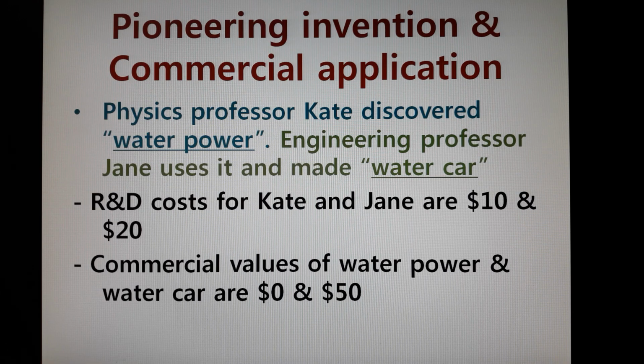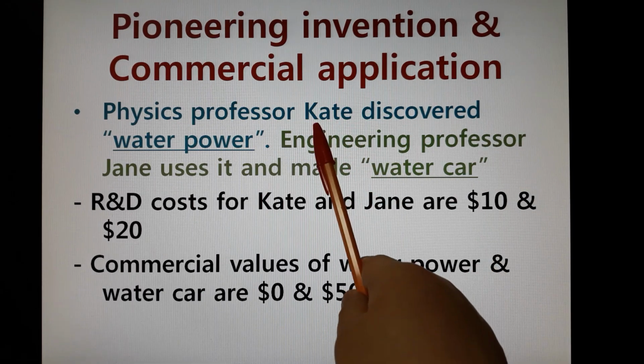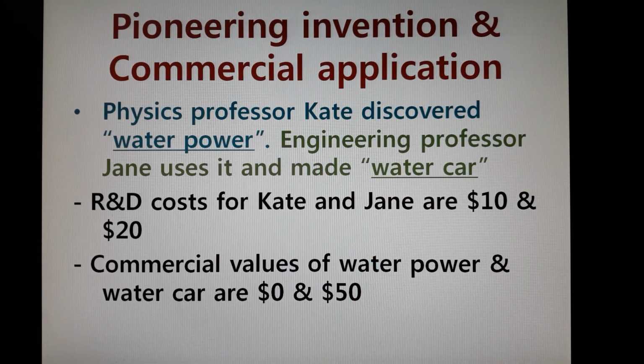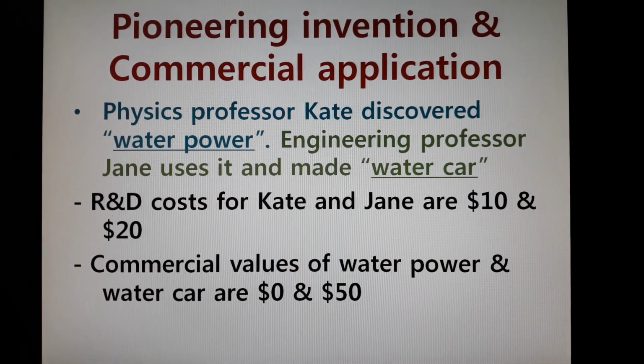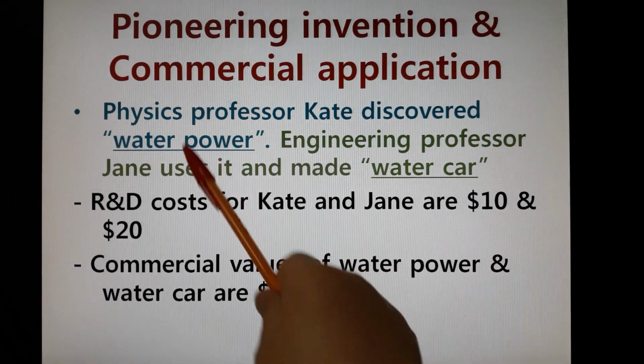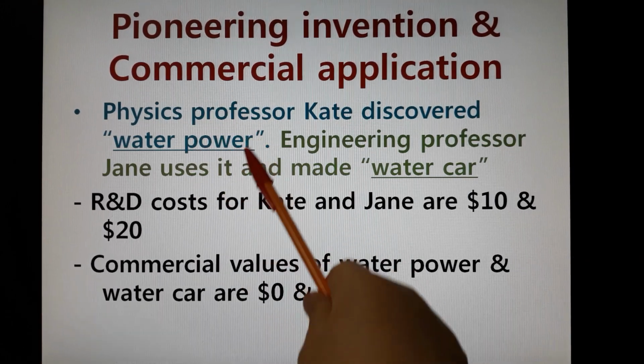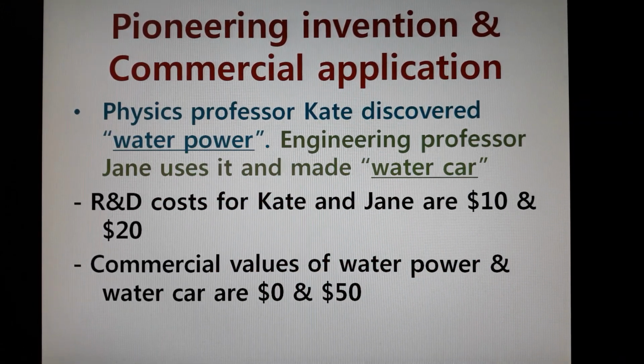So in this case, Kate, the pioneering inventor, has no incentive to do it first. So the task would be on Jane, who would profit from it. So Jane should find Kate, who can discover the water power theory, and tell her, okay, I will pay you to do the research and find the water power theory.